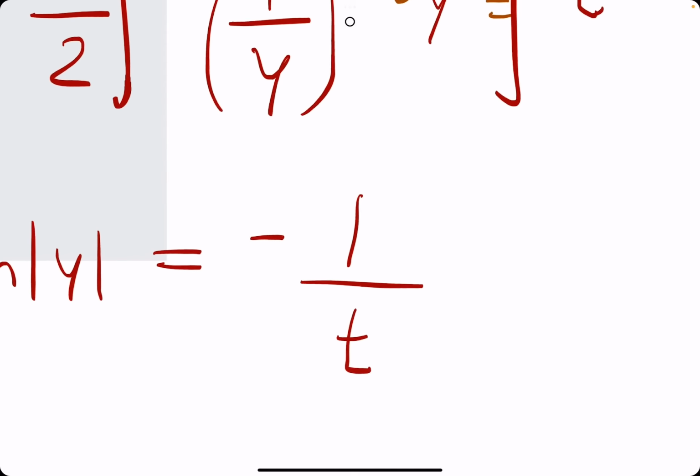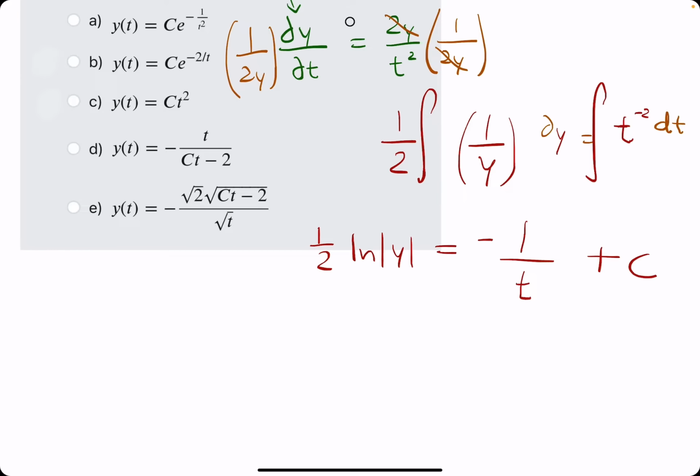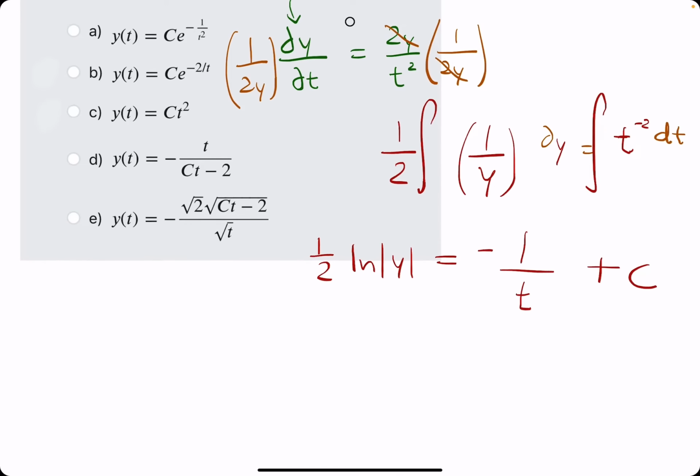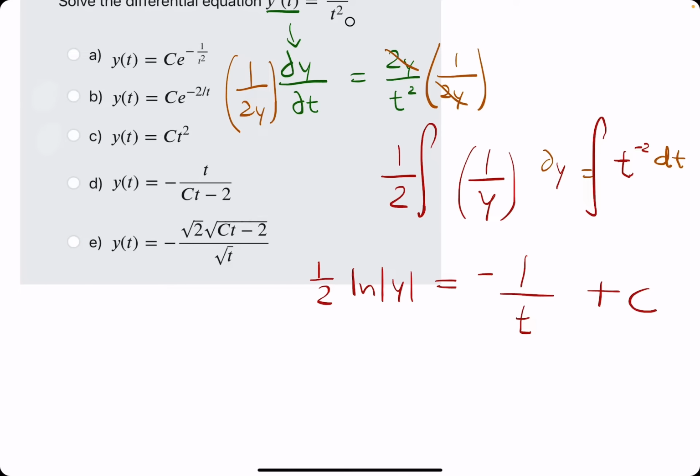And then on the right side, every time we take the antiderivative of both sides, we want to add a plus c on the right side. Technically, you would have plus c on both sides, but to absorb both constants, you can just do plus c on the right side every time. So now, our goal is to solve for y. We want to isolate this y on the left side.